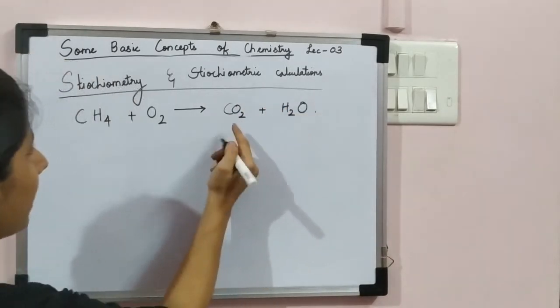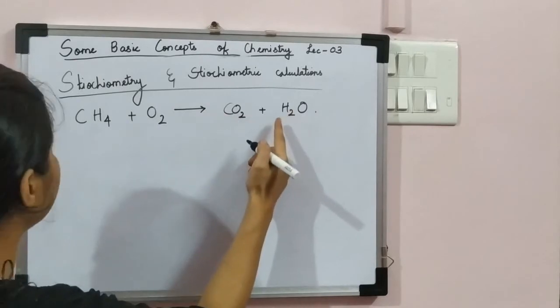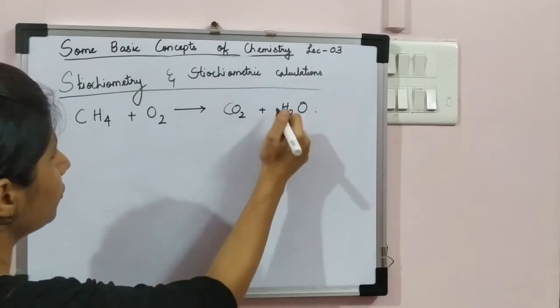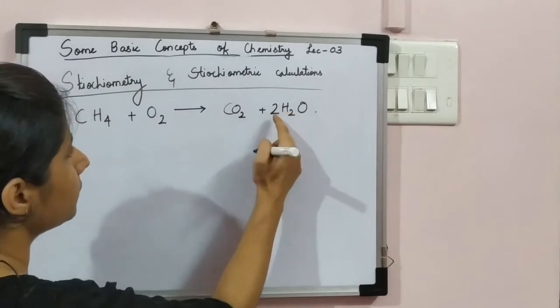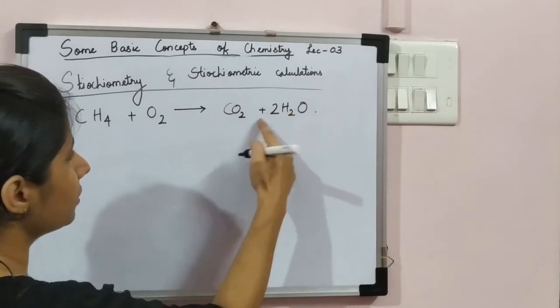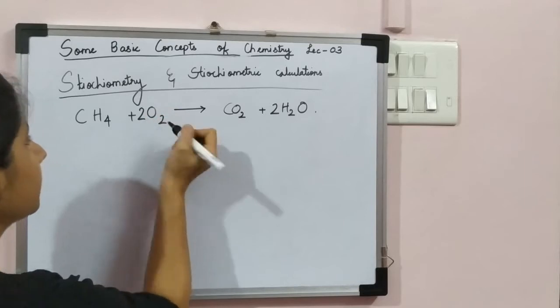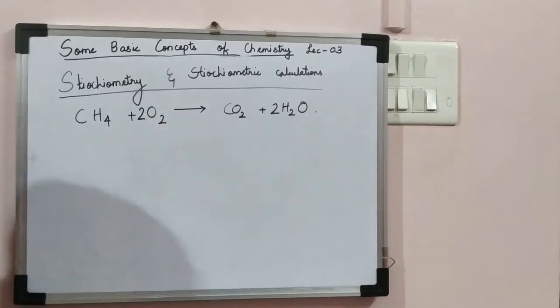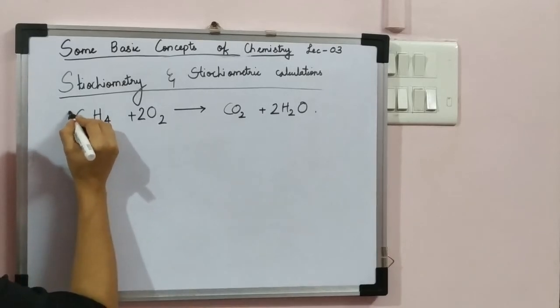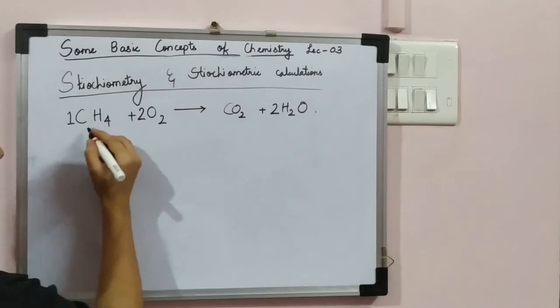Okay. So if I balance this, I have hydrogen here 2, so this will be 2 here. So 2 oxygen plus 2 oxygen becomes 4 oxygen. So this becomes 2, so 4 oxygen. Right? Now, if I have to calculate the stoichiometric relationship between them, what I can see is 1 mole of methane.